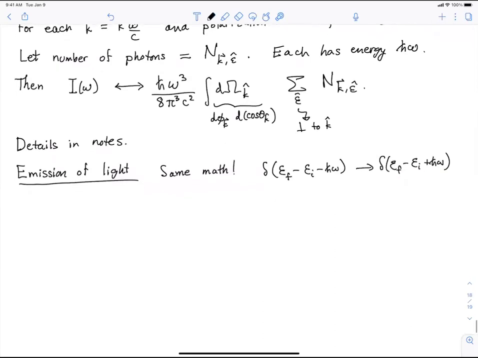The only other thing that changed is that instead of taking the matrix element of my perturbation V, you take matrix elements of V dagger. In our case, remember the matrix elements are matrix elements of this operator curly P, which is a vector, and that's going to be replaced by its dagger.